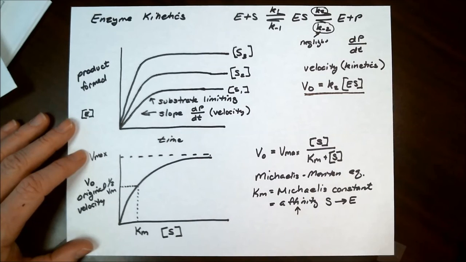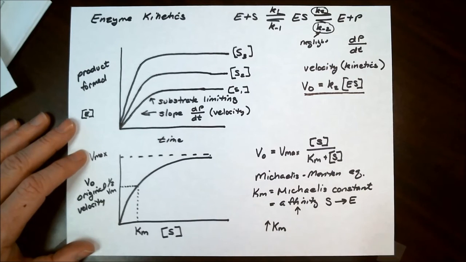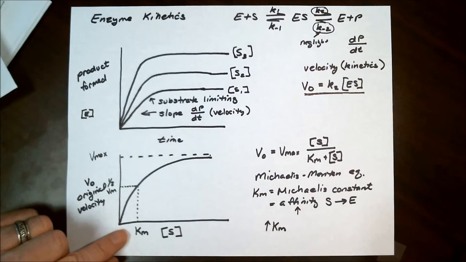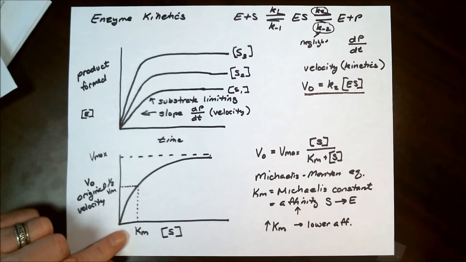So that means that an enzyme with a higher Km means a lower affinity. Now what does that mean? That seems a little counterintuitive.